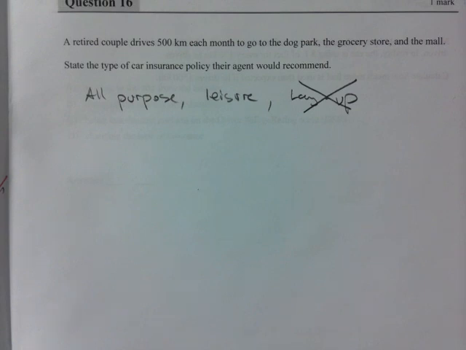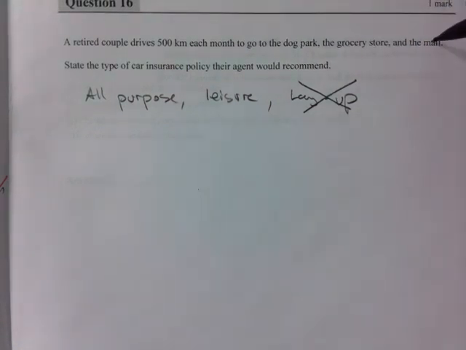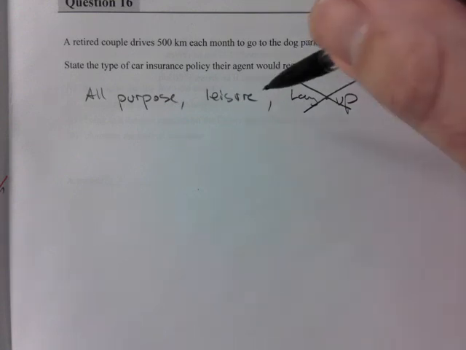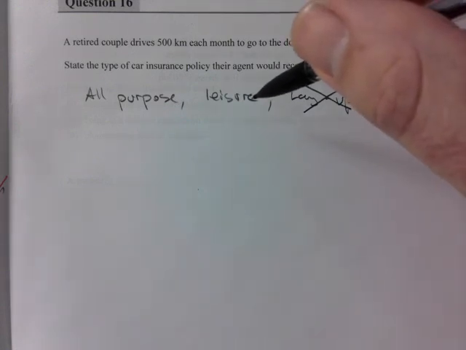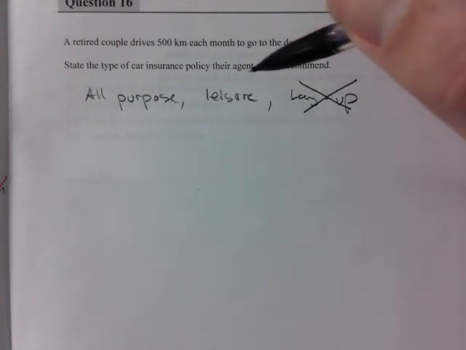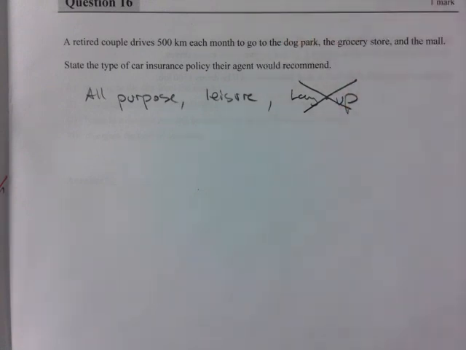What would you say? I'm actually looking at dog park, grocery store, and the mall. All of these are things you do every once in a while. It's not like you go to work every day. If you're using it to go to work every day or school every day, you cannot pick leisure. So here I think leisure is fine. And I think all purpose would also have been.